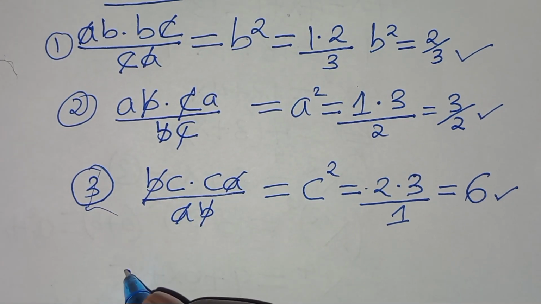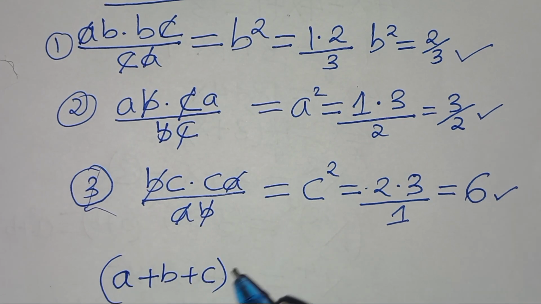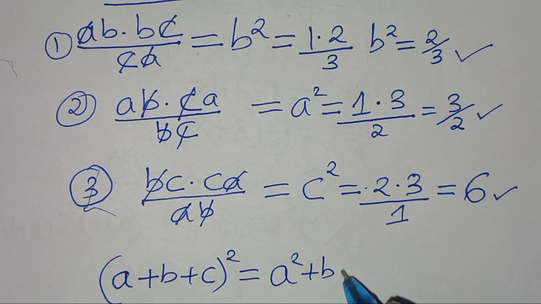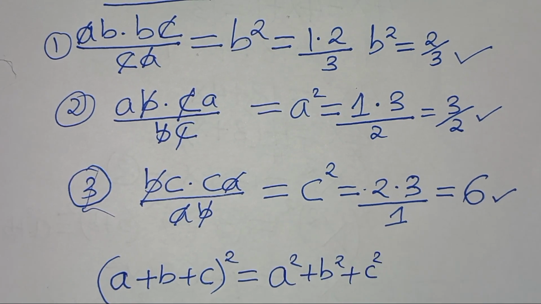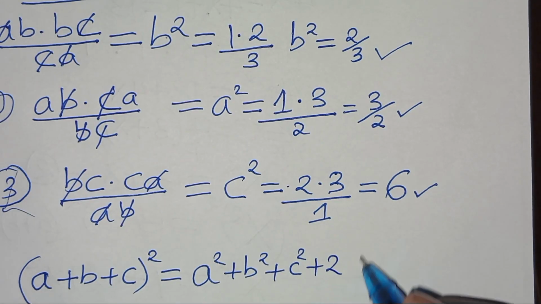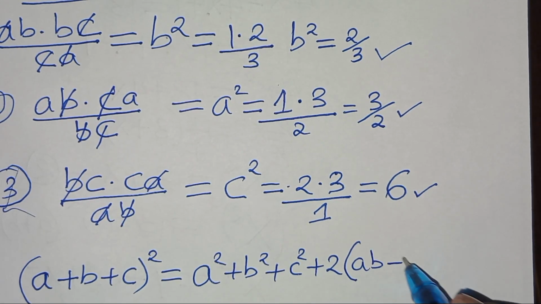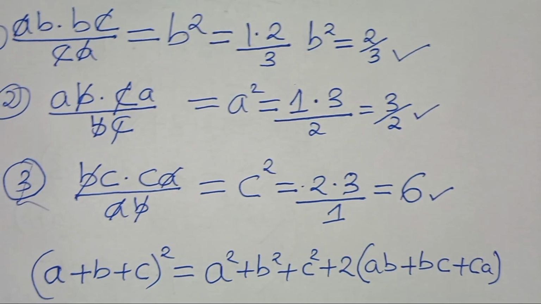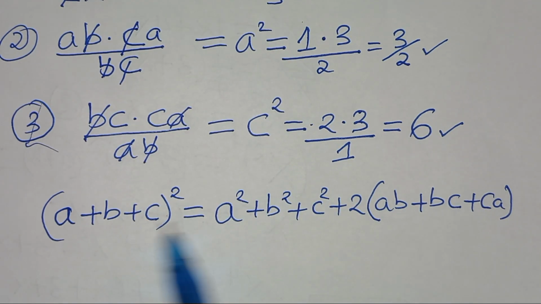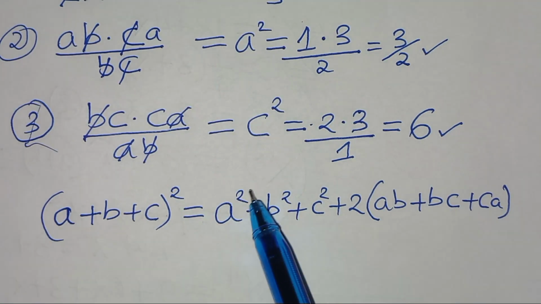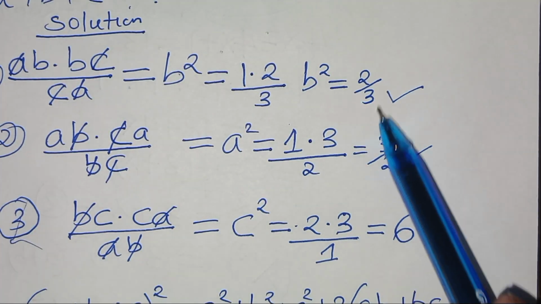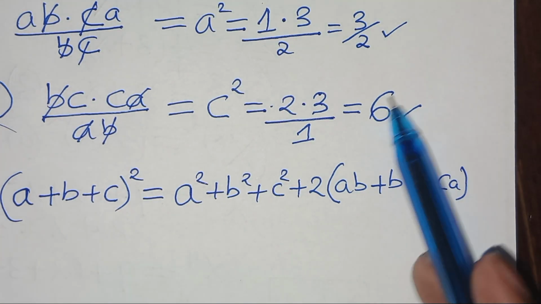So now, from what we have here, a plus b plus c squared is equal to a squared plus b squared plus c squared, then plus 2 times ab plus bc, then plus c times a. Now, from this equation we have a squared, which is 3 over 2, b squared, which is 2 over 3, and c squared, which is equal to 6.